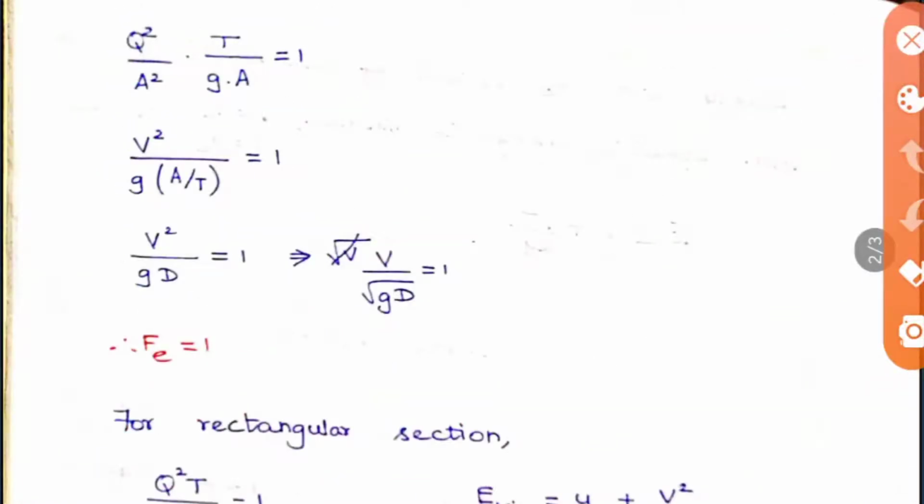The next thing we are going to see here is T by q square a square by T by g a, so that everything is split like this. Why? Because we know that A by T is the hydraulic depth. To introduce the hydraulic depth here and get a relationship, we are splitting like this.